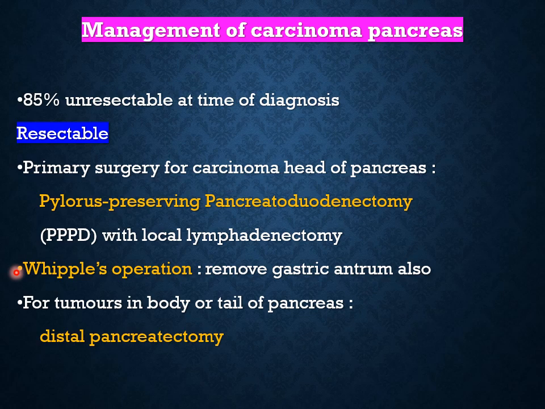Or a Whipple's operation, where there's removal of the gastric antrum together with the pancreaticoduodenectomy. This is a more major operation compared to the PPPD, which is a more conservative approach where the pylorus is left intact. The operation for tumors of the body or tail of the pancreas is a distal pancreatectomy.